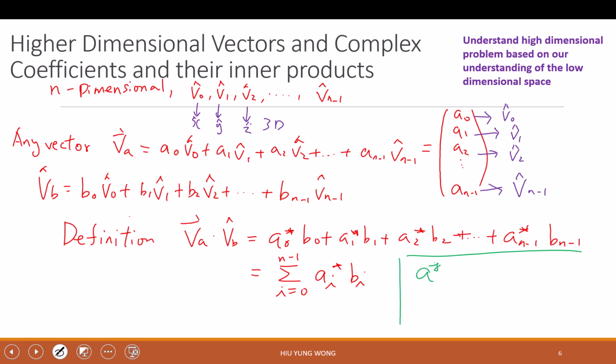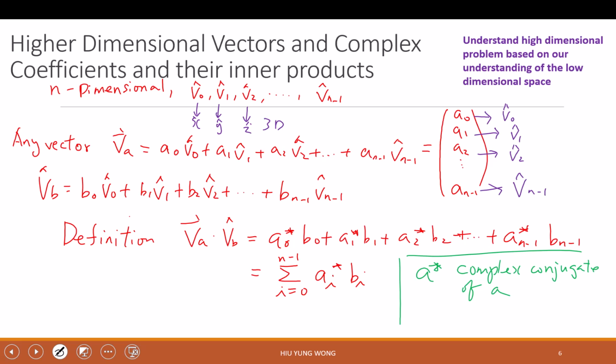A star, what does it mean? It's the complex conjugate of A. But what is the complex conjugate? Wherever you see an i, put a minus in front of it.